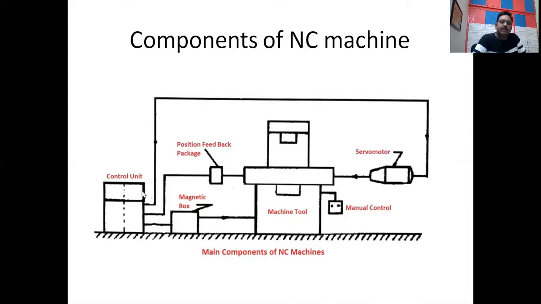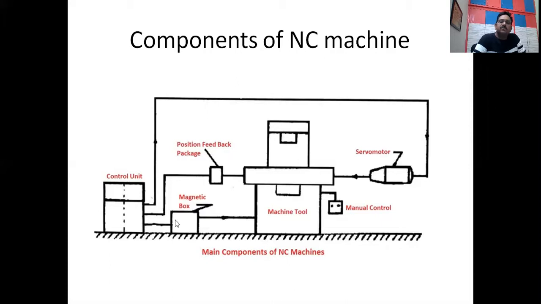The data buffer will store the data, whatever it has read, and after storing that data, it will give instructions. It will give instructions with the help of servo motors, and it will also take feedback from the feedback channels, whether the machine is operating as per the instruction or not.